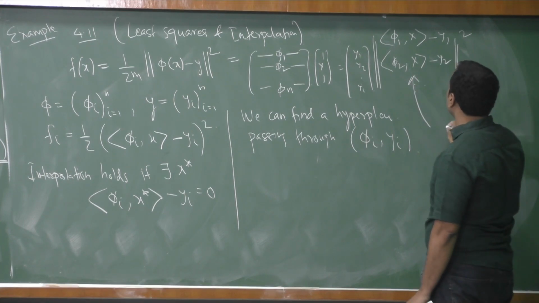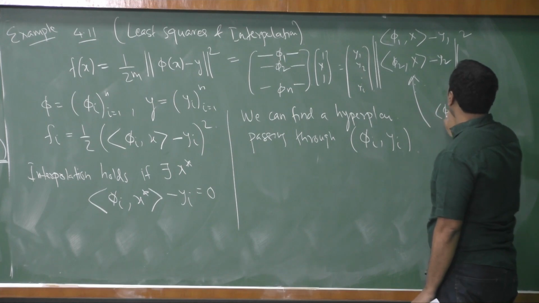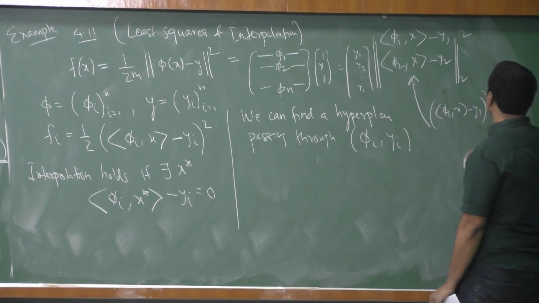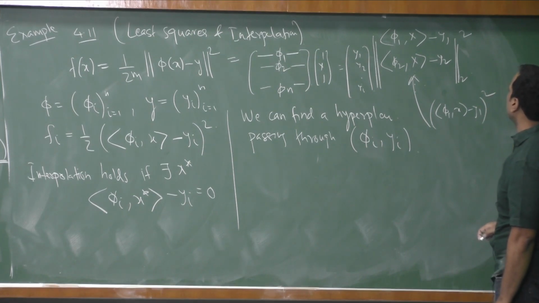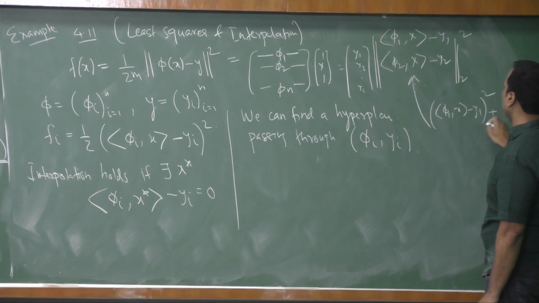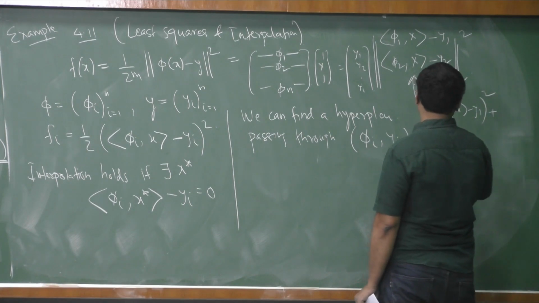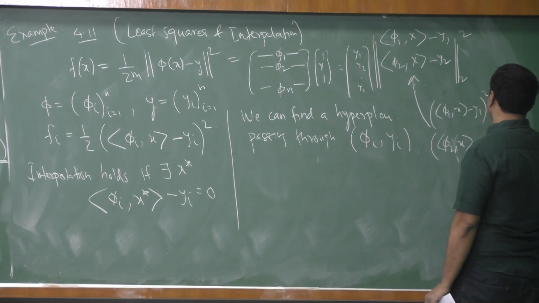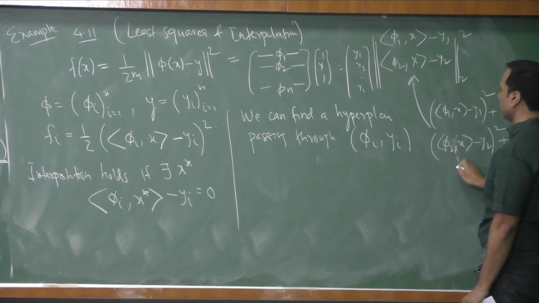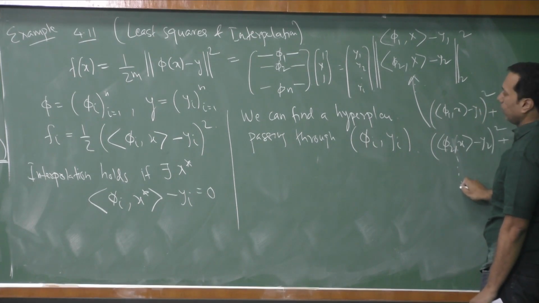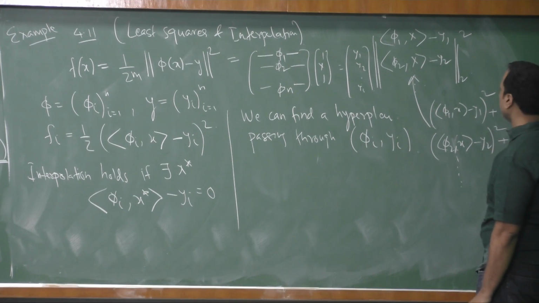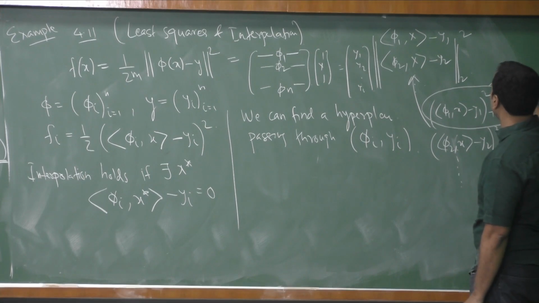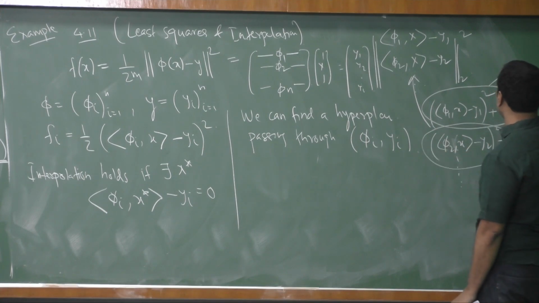So this is phi 1 x minus y 1 squared, plus phi 2 x minus y 2 squared, plus dot dot dot. So these are the fi's that we are talking about. These are the fi's.